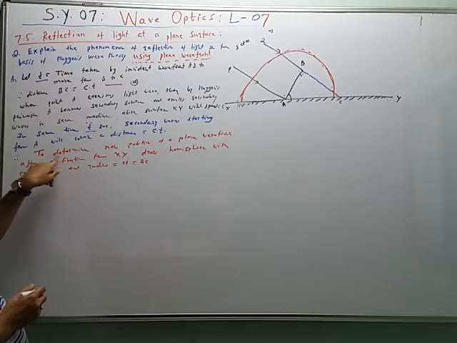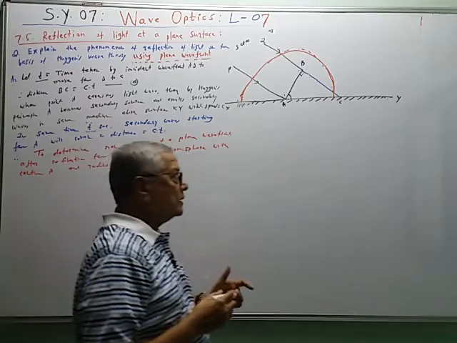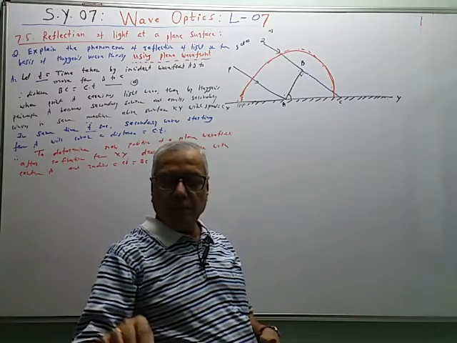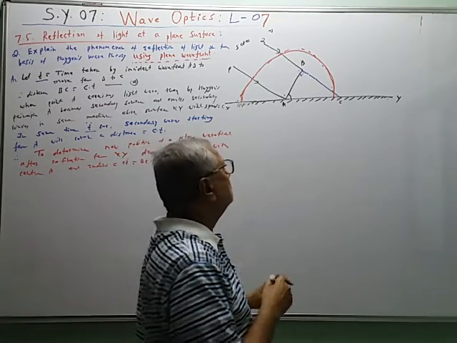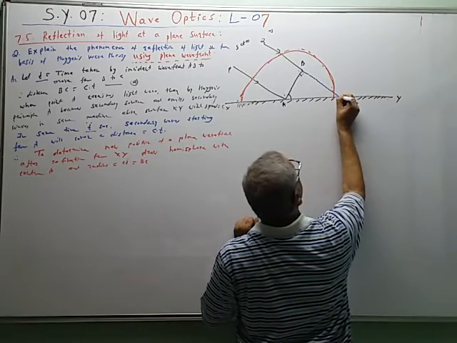Now to determine the new position of a plane wavefront after reflection, we have to draw the tangent. Draw a tangent. So the tangent is CD.